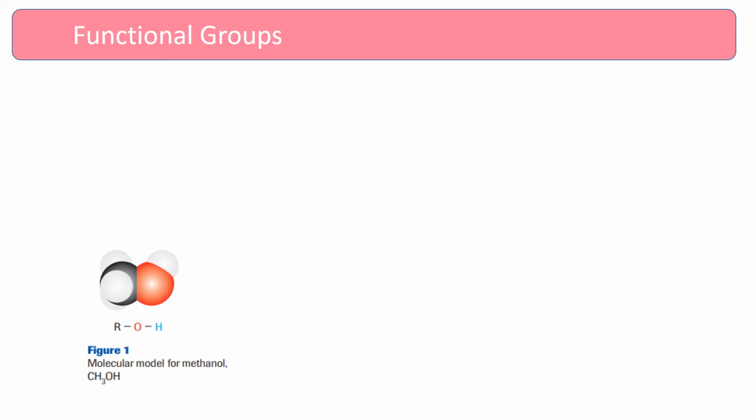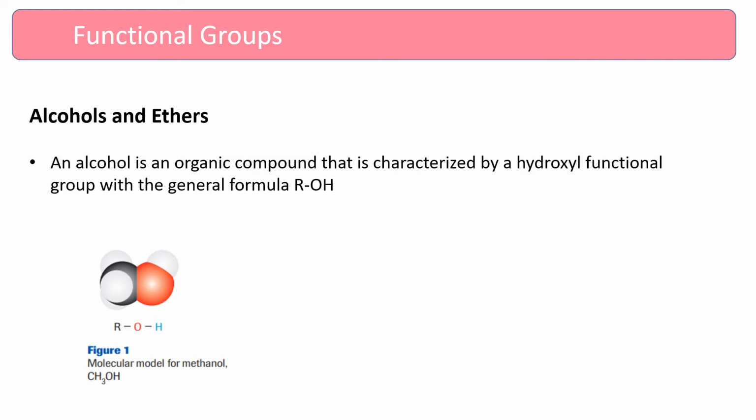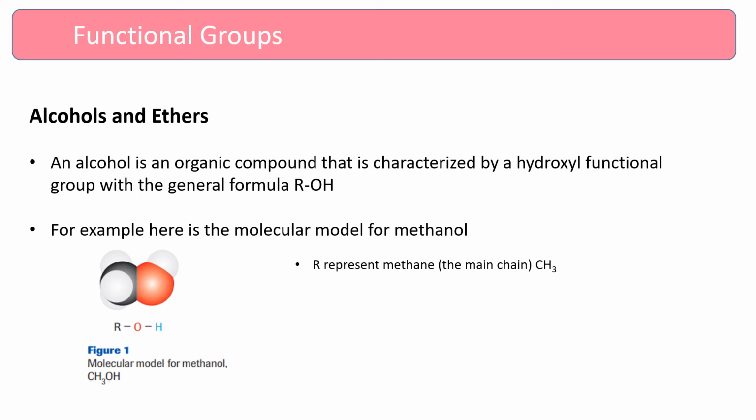Now, here is an example of an alcohol and ether. This is a molecular model for methanol. An alcohol is an organic compound that is characterized by a hydroxyl functional group with the general formula ROH. If we take a closer look at this, this is methanol. The R represents methane, which is the main chain, CH3.